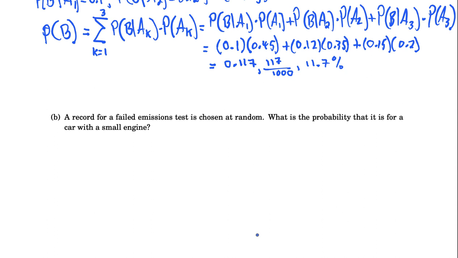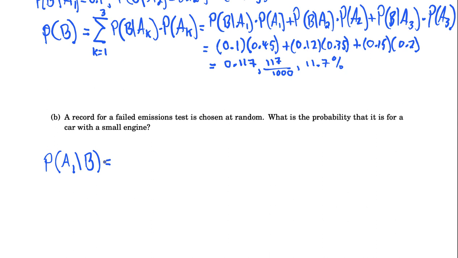So what is the probability that, given that we have a failed emissions test, the car is one that has a small engine? So let's write that up in terms of symbols, right? And this is where we will use Bayes' theorem. So we're asking the probability of it being a car with a small engine given failure.